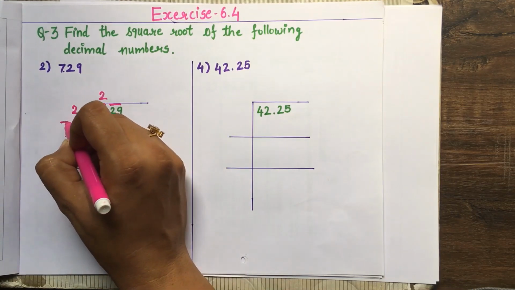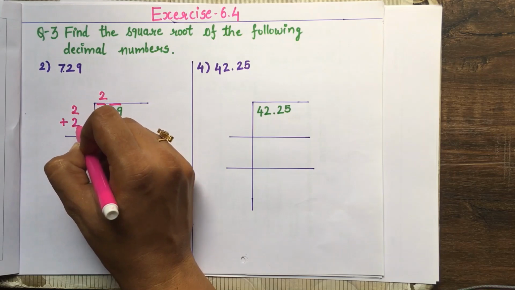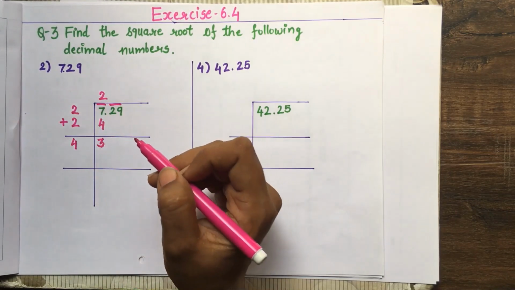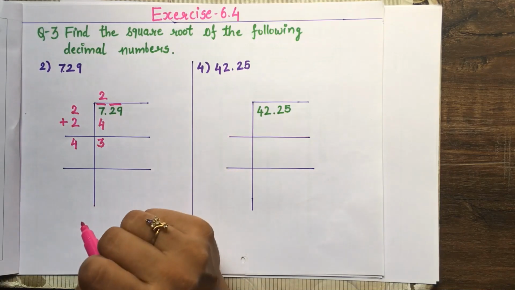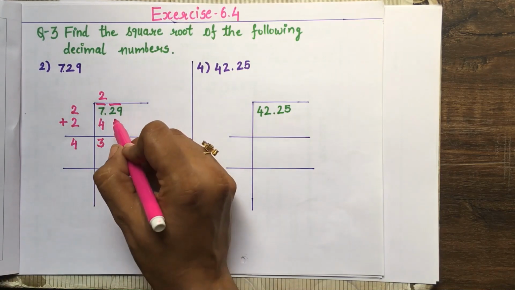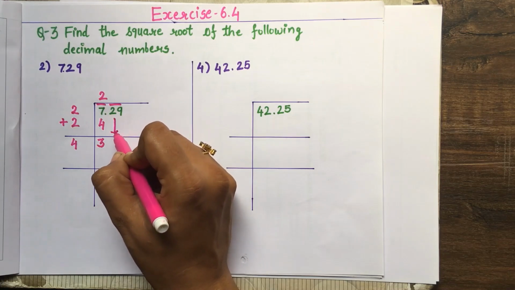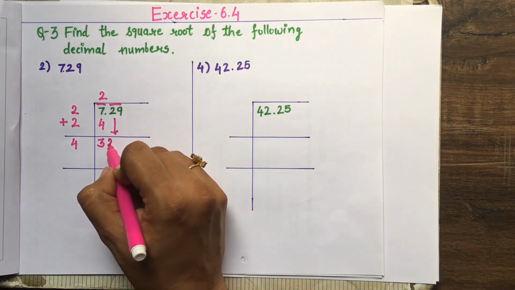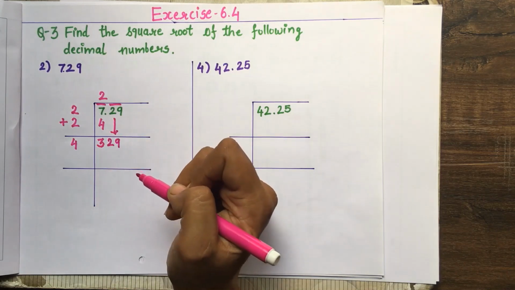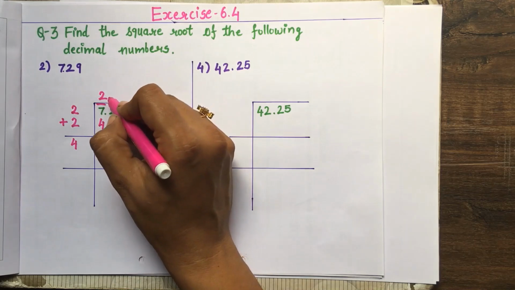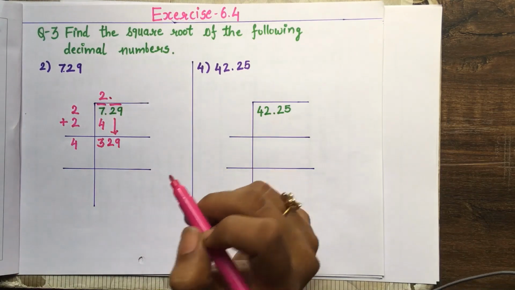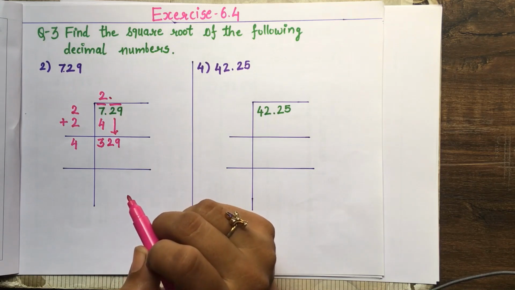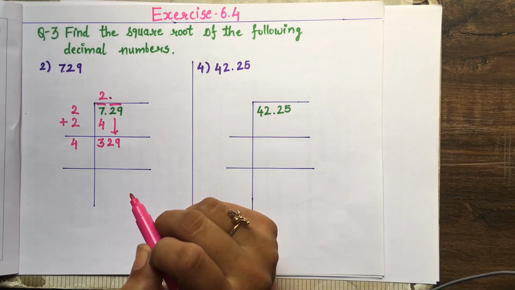Now we add the same number, so we have 4 over here, 2 plus 2 is equal to 4. The important part is that in the next step we bring the decimal part, the digits after the decimal point, down for division. Here we put the decimal point in the quotient, and then we proceed further as we did with whole numbers.